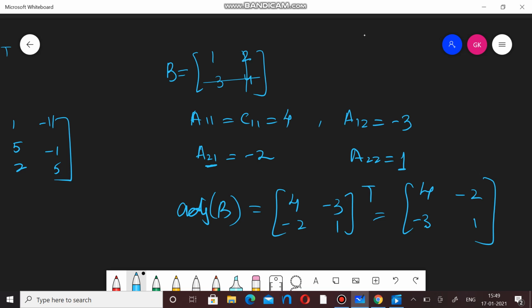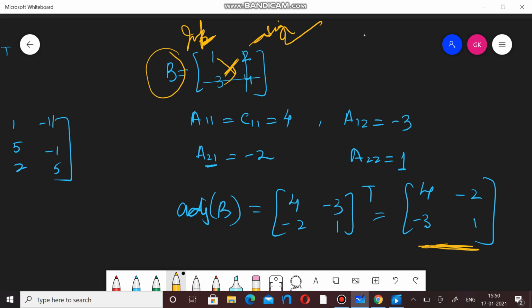I'm using the yellow pen. This is the given matrix. So see, you have interchanged the places. These places you have interchanged in the answer. And these ones you have simply changed the signs. It was positive 2, you have written a negative 2 over here, and over here negative 3.